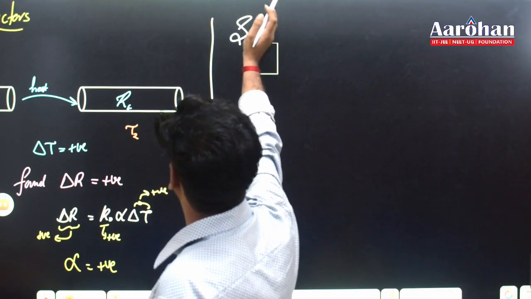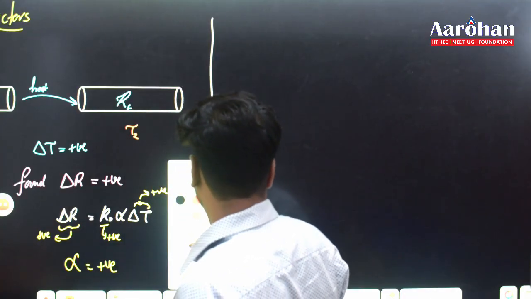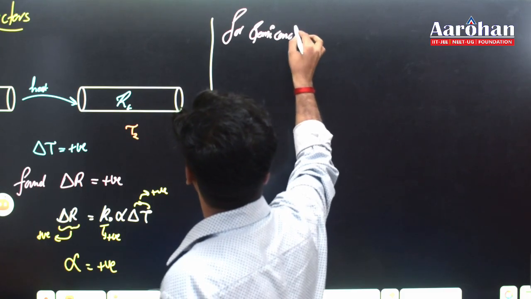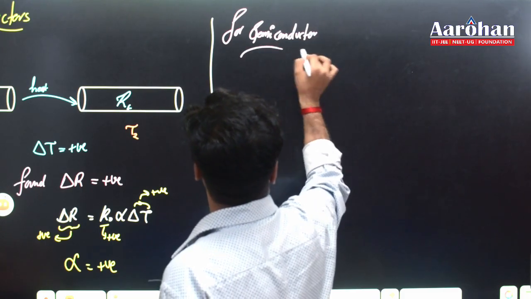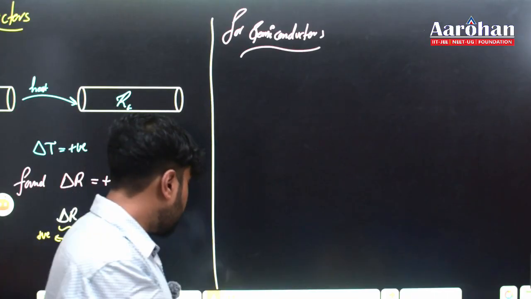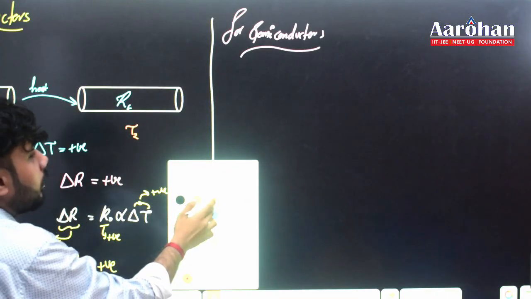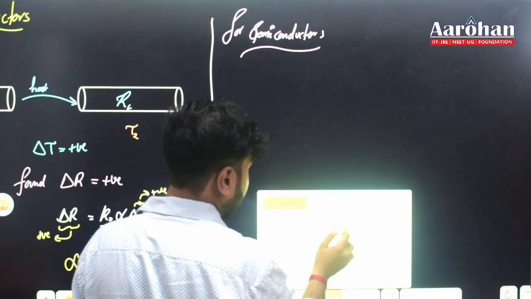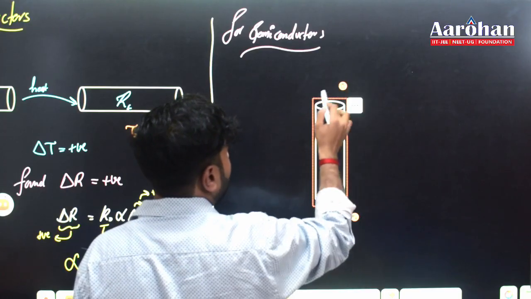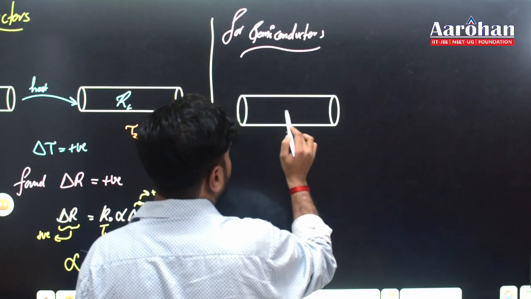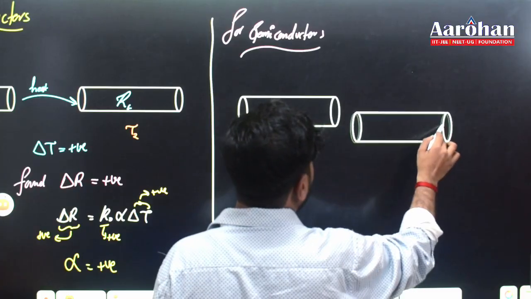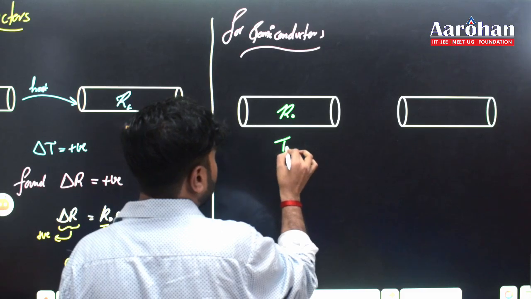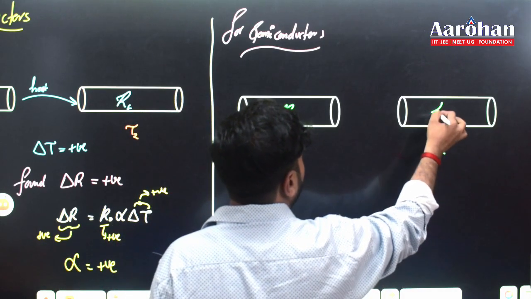If we talk about semiconductors, what you will find is that if you take a sample of semiconductor, let's say its resistance is R0, initial temperature is T1, here temperature is T2, final resistance is RF.